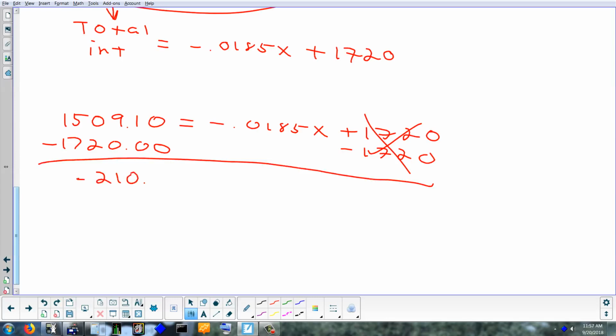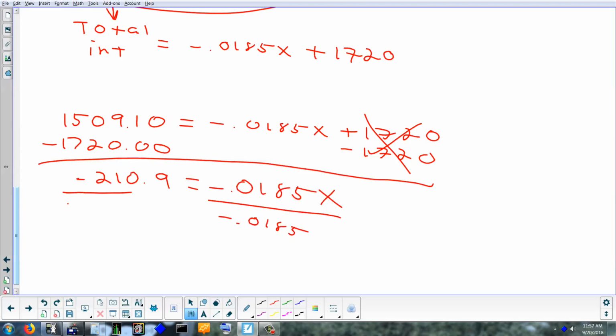Negative 210.9. All right. And now what would be my last step? Yep. Divide by negative 0.0185. Negative divided by negative is a positive. And whatever that comes out to, that's my answer.